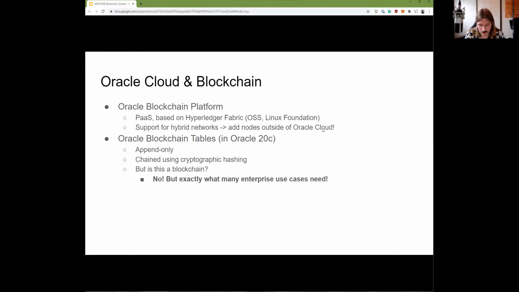And then the other thing that is quite cute and maybe a good solution, if the manager comes and says, "Oh, we need blockchain in our product, we need blockchain in our services," is you can just use the Oracle blockchain table feature in your Oracle database, and this changes a table to be append only and chained using cryptographic hashing. This is not really a blockchain by most definitions of blockchains, which mean there's also a network and so on.